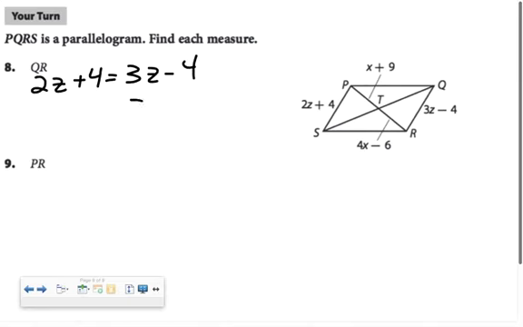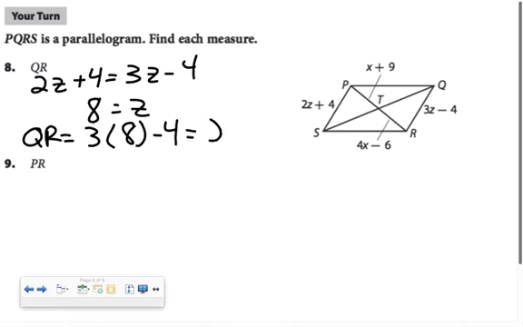And when I subtract 2z from both sides, I get z on the right-hand side. I add 4 to both sides, and I get that z equals 8. Remember, please remember that the problem wasn't asking you for the value of z. The problem was asking you for the measure of QR. So QR equals 3 times z minus 4, which is 20.